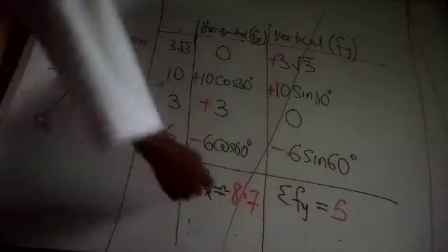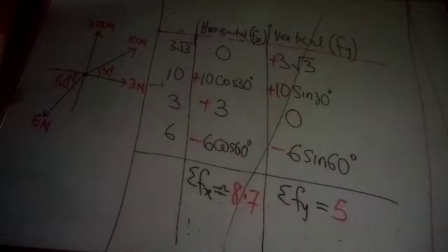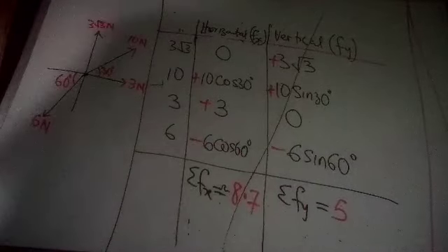Now, the next thing is to use these values to find the resultant vector, which is the resultant force here, by applying the formula we have already discussed in the last video. So, recalling the formula for resultant, the next thing now is to substitute. 8.7 will replace this.